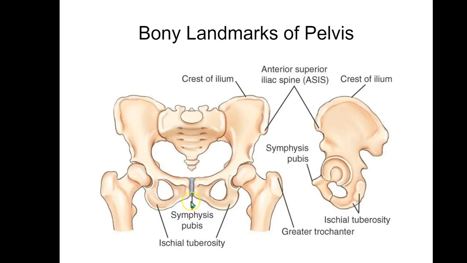Here's pubic symphysis, here's your ischial tuberosities. So use all of these landmarks when you're positioning for the pelvis. You know, we avoid pubic symphysis and ischial tuberosity because it's uncomfortable for our patient, but use the greater trochanter, use the crest, use the ASIS to help you position.